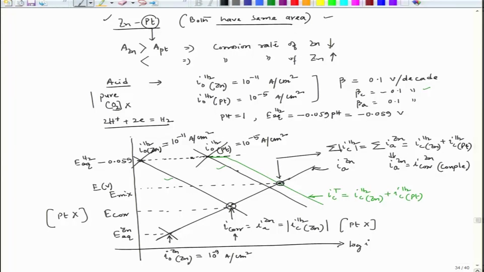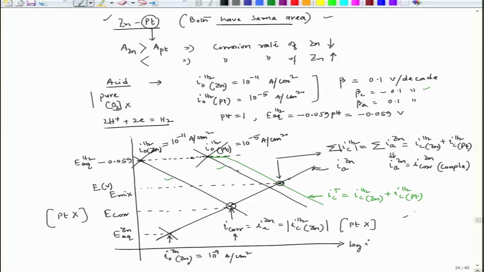So, it is very clear that if we connect any structural component to a noble component, and the exchange current density of that cathodic reaction over the noble component, in that particular electrochemical system, is much higher, I will have a much higher corrosion rate of the active component.